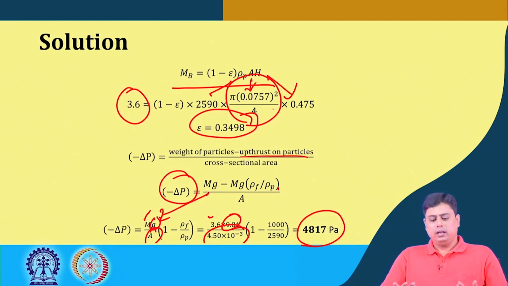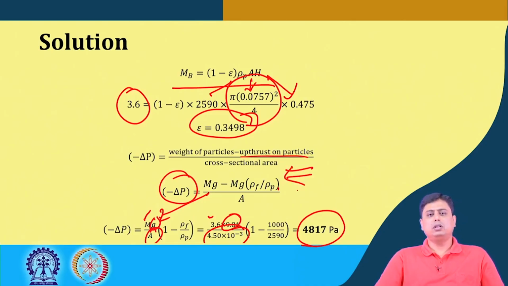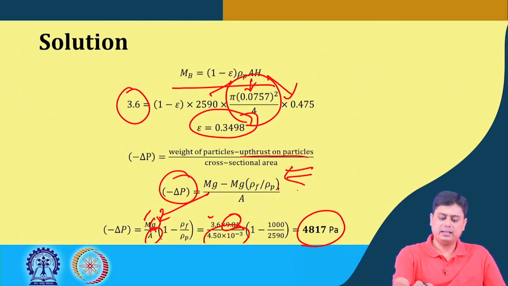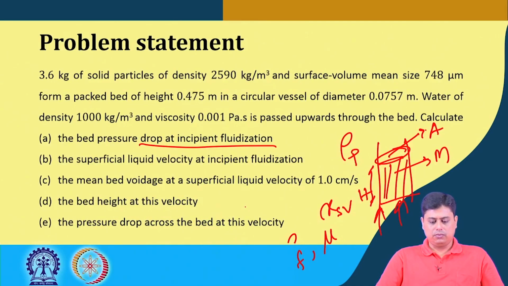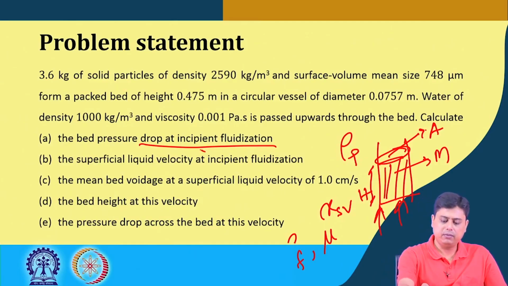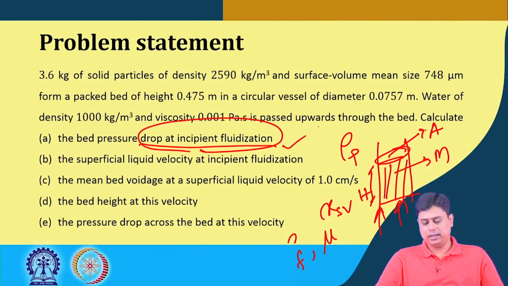So, by equating that expression, because on the right hand side all the information is known, we can find out what the ΔP is. Which means the first part, the bed pressure drop at the incipient fluidization, is calculated.